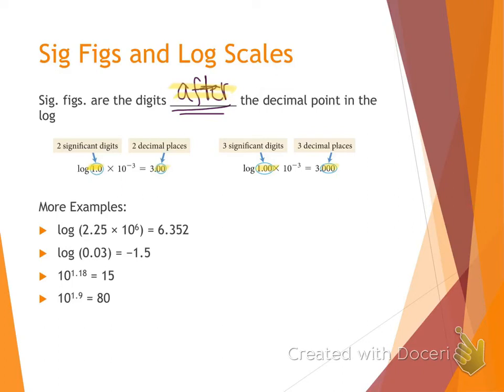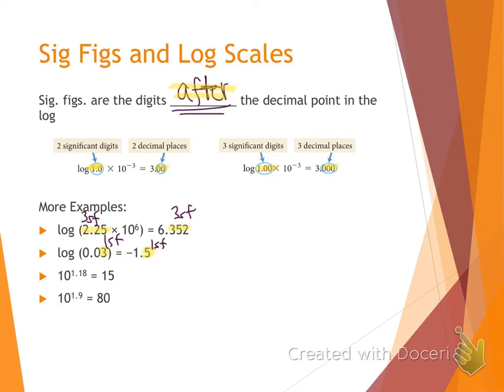Let's look at a few more examples here. Here we're taking the log of 2.25 times 10 to the negative 6. That's 3 sig figs. Well, in the log number, our 3 sig figs fall after the decimal. Taking the log of 0.03, that's just 1 sig fig. In the log number, only what's after the decimal is going to be significant.